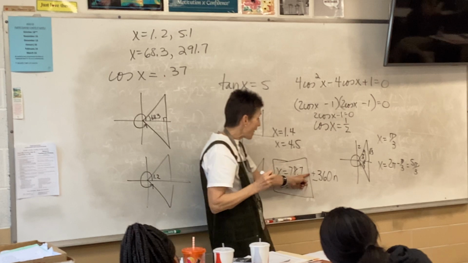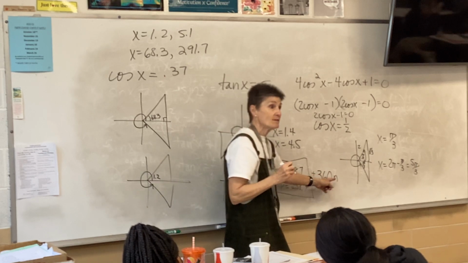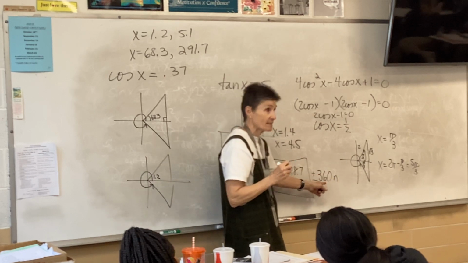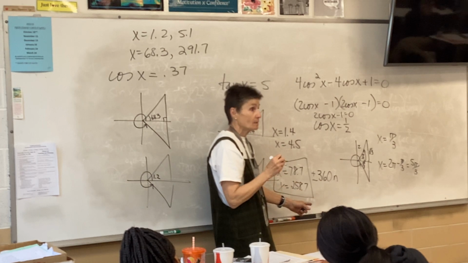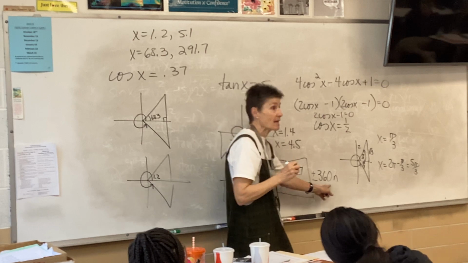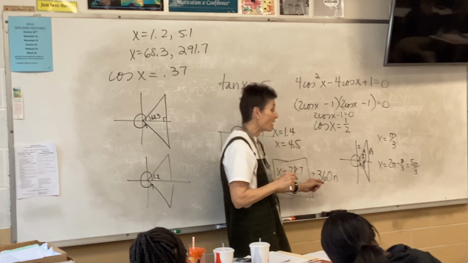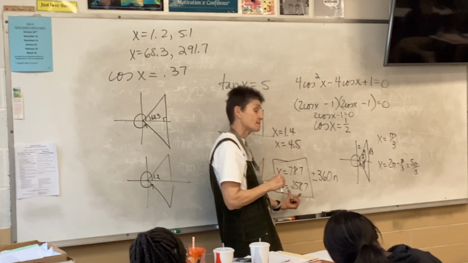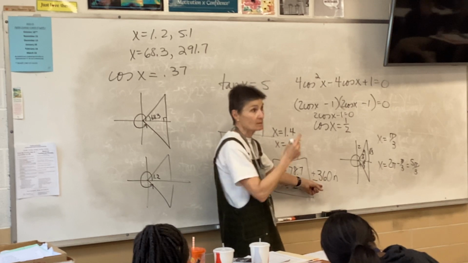So we add 1 360, 2 360s, 3 360s, and so on. Is that just for 5? No, this is how you name all the angles. You have to find your main ones, and then add or subtract revolutions.